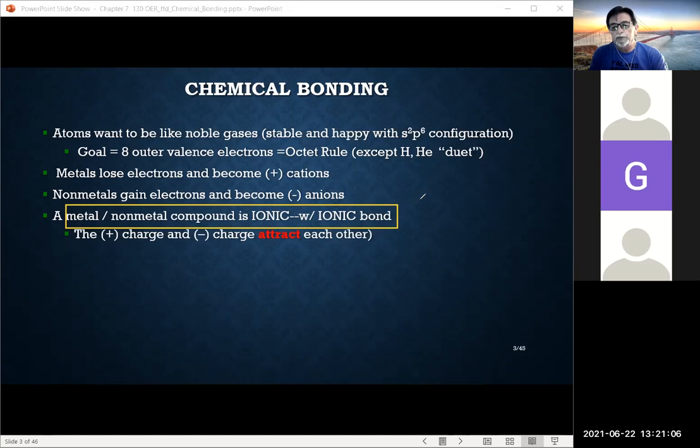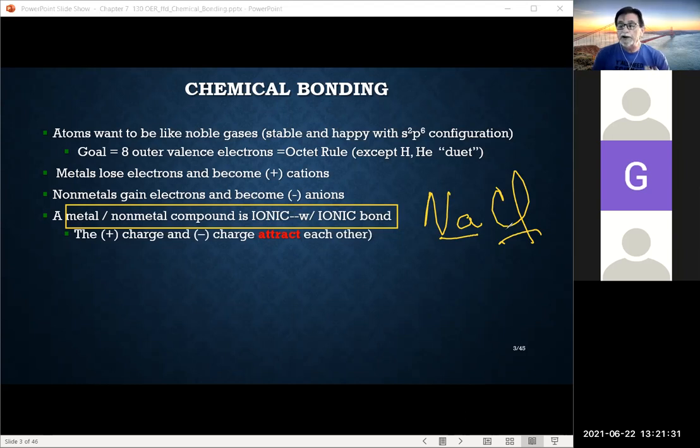Okay. For example, something we put on French fries, right? We're all familiar with sodium chloride. Sodium is a metal. Chlorine is a non-metal. Hence, sodium chloride represents an ionic bond, therefore an ionic compound.